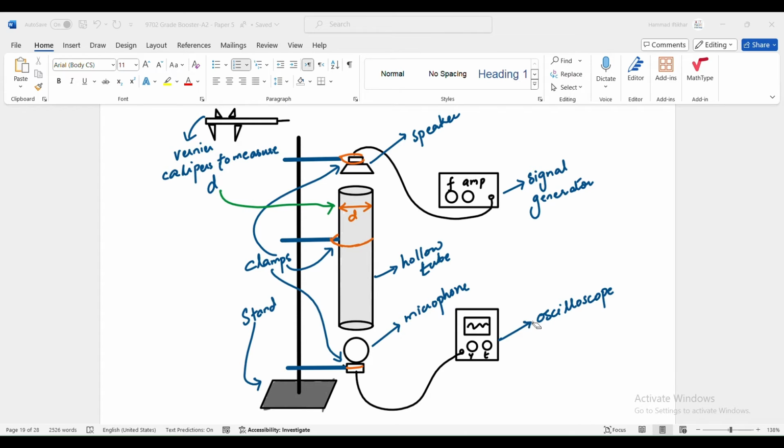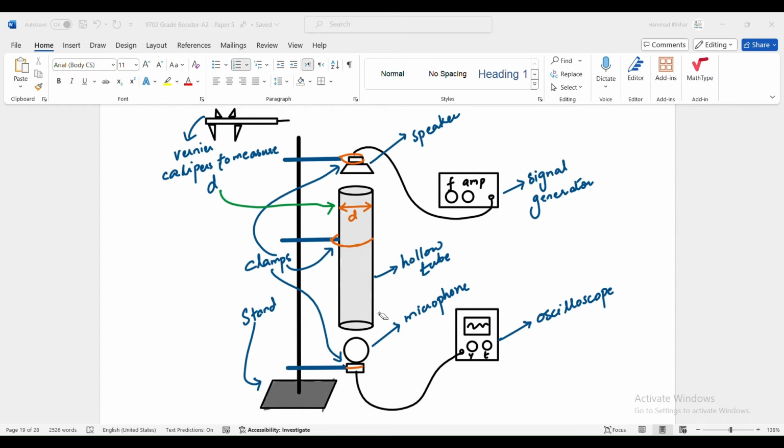The microphone is connected to the oscilloscope to monitor for resonance or the harmonics. A vernier caliper is used to measure the diameter D, and I forgot to draw it, but a ruler for measuring the length of the tube.